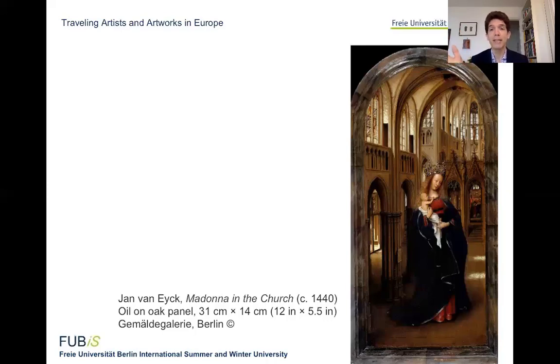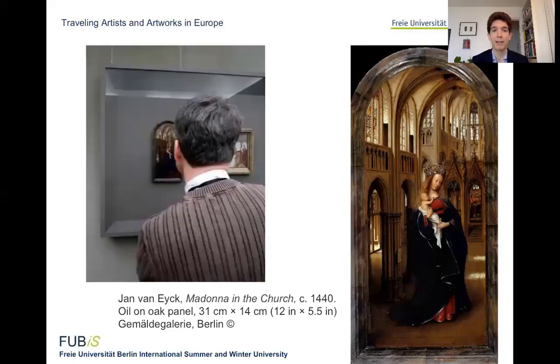So in this painting, Van Eyck subtly suggests that the Virgin is the emblem of the triumphing Church. And all of this, as I told you, is done in a very small painting.